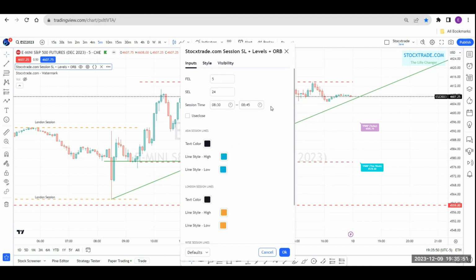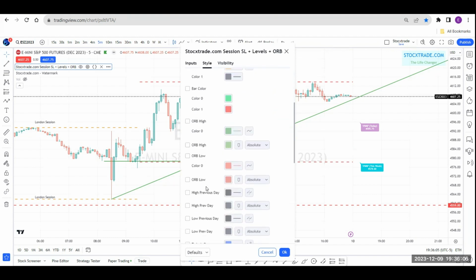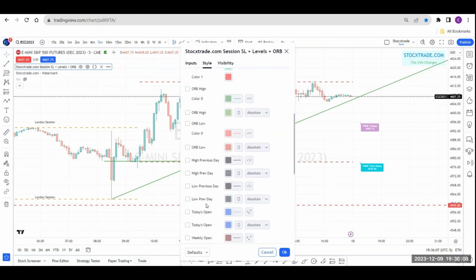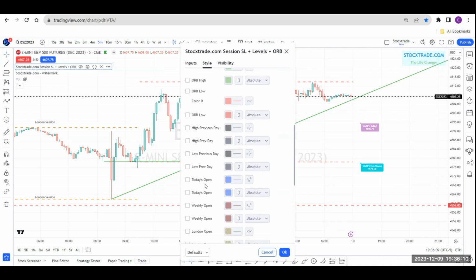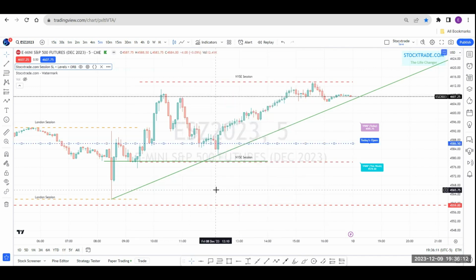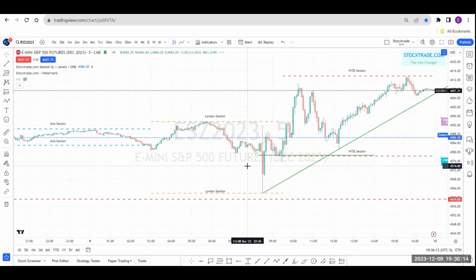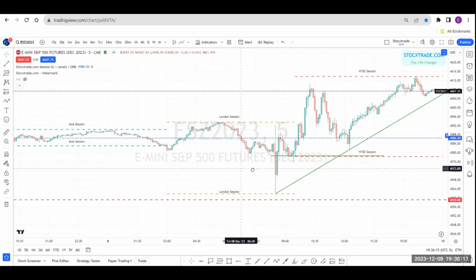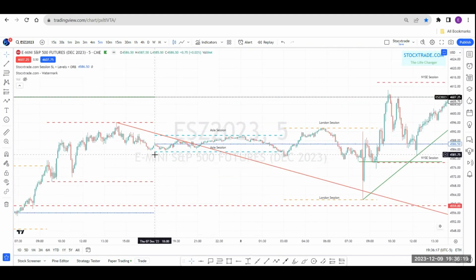You can set it from 8:30 to 9 o'clock or whatever timing, because your pre-market opens at 4 o'clock, so sometimes the 8:30 candle is really good for the trade. You can set it as per your convenience. If you want the previous day high and lows, and the opening price, suppose your futures market opens at 6 o'clock here.